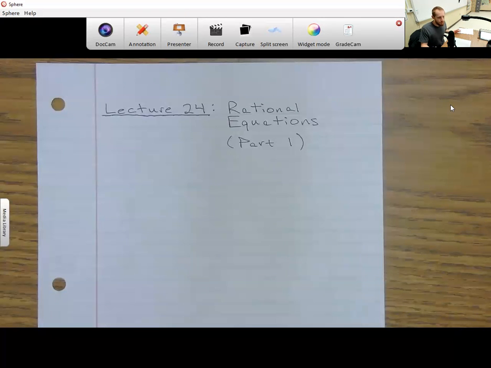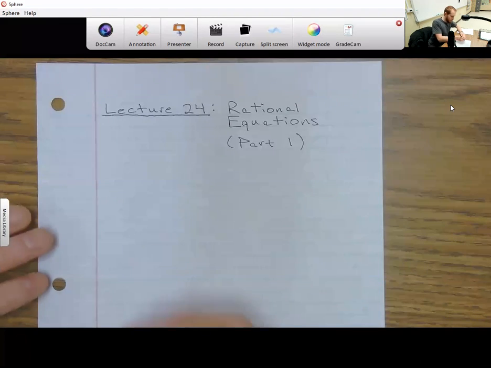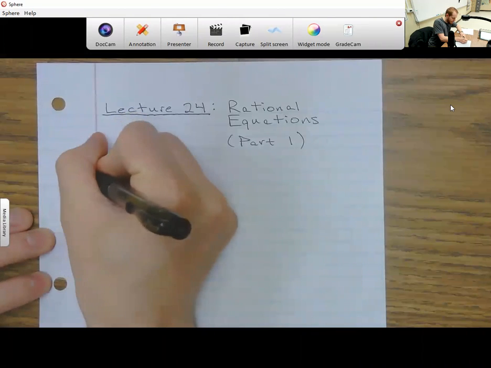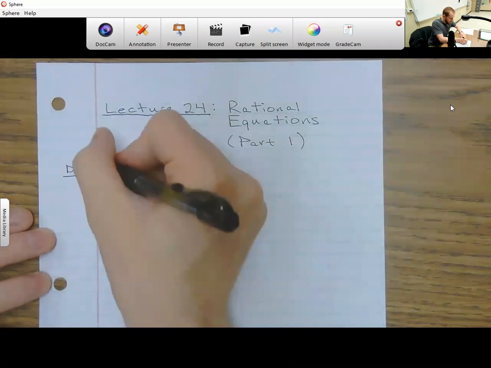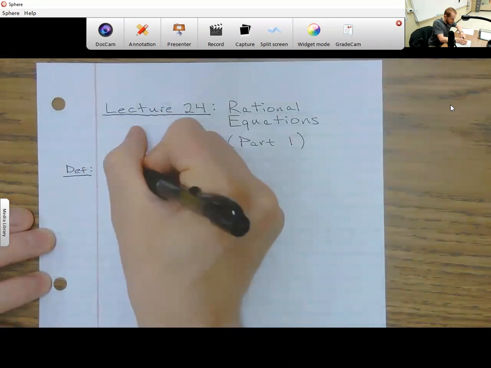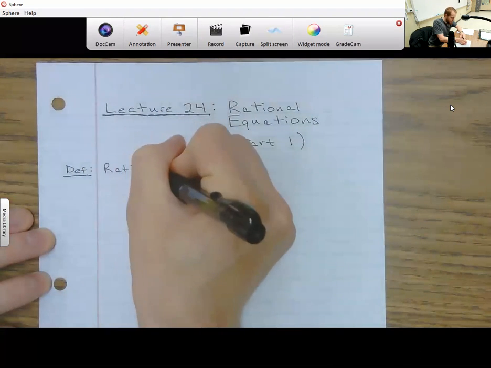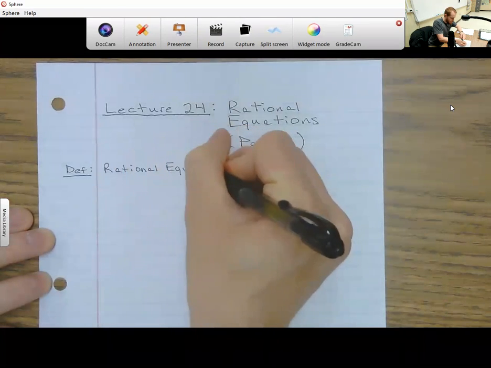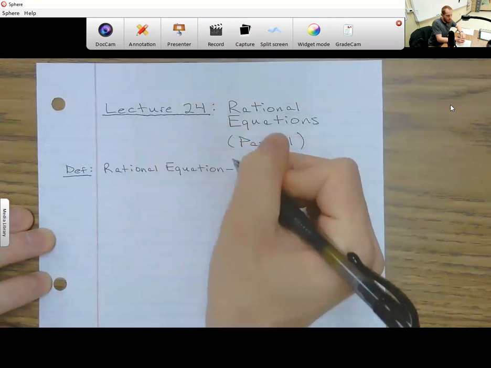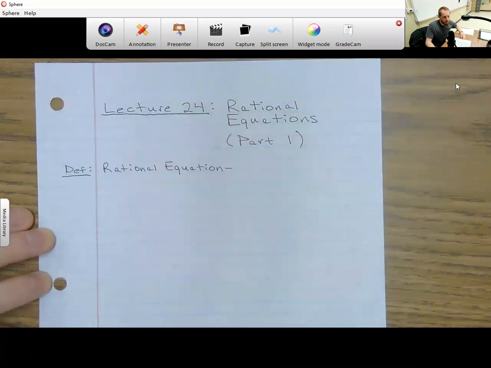So let's start off with a definition real quick. We're going to define rational equation. Not my favorite type of equations, but they got to be done.